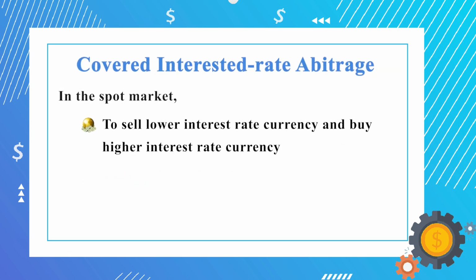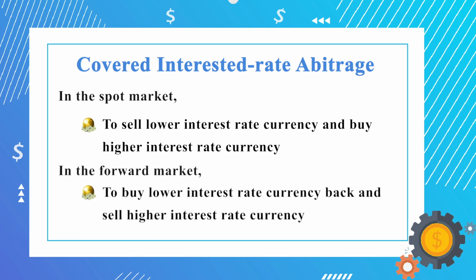In the spot market, the arbitrager will exchange the lower interest rate currency for the higher interest rate currency. So, the lower interest rate currency will be depreciated and the higher interest rate currency will be appreciated. In the forward market, the arbitrager will exchange the higher interest rate currency back for the lower interest rate currency. So, the lower interest rate currency will be appreciated and the higher interest rate currency will be depreciated.